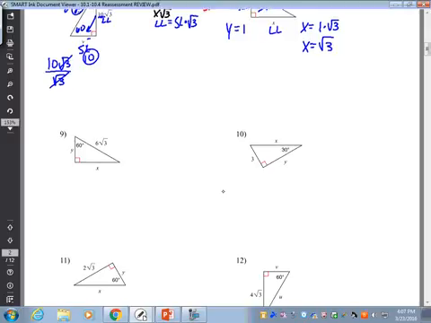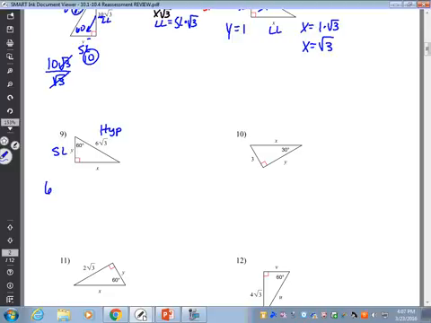So, on number 9, again, I look to see what part I'm starting with. I need to get to the short leg, which I don't have. I have the hypotenuse. So go from hypotenuse to short leg, from the biggest part to the smallest part. Which operation is that? Exactly, division.